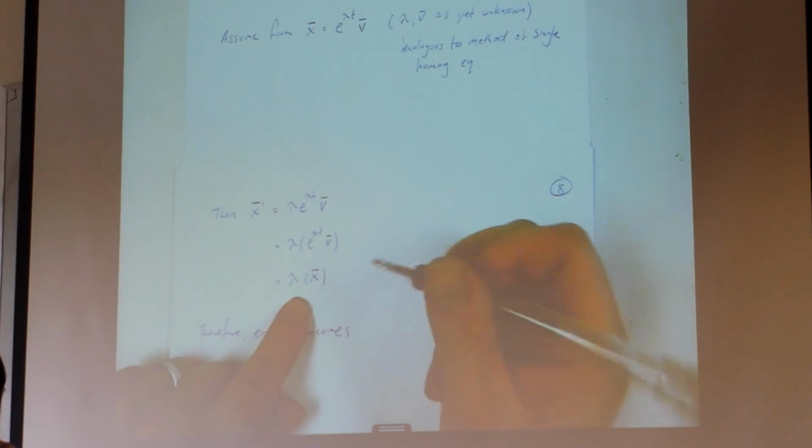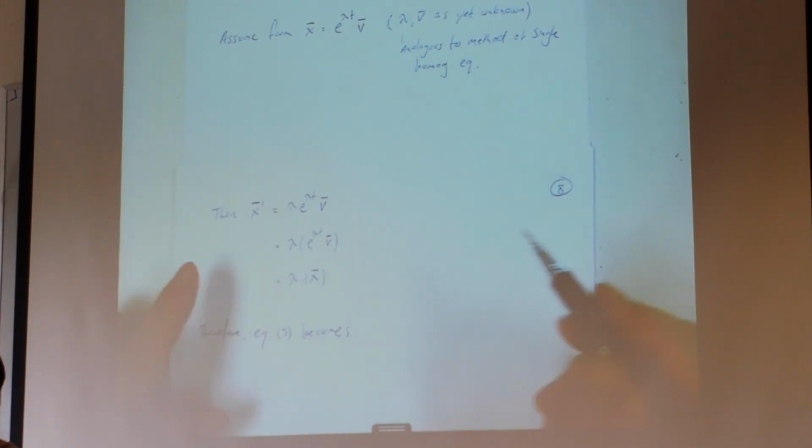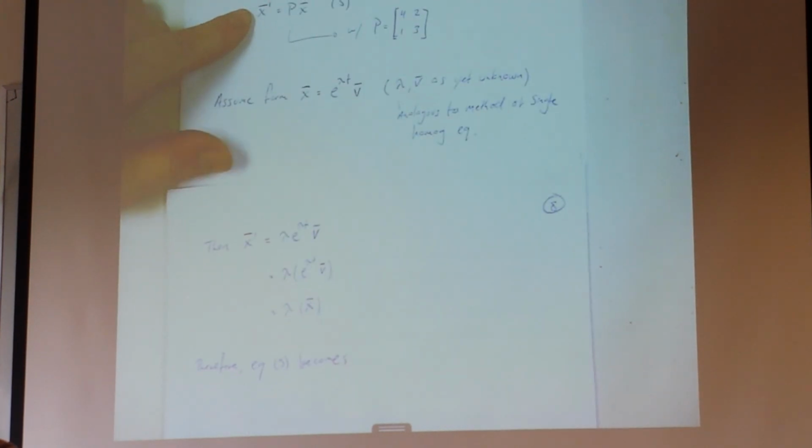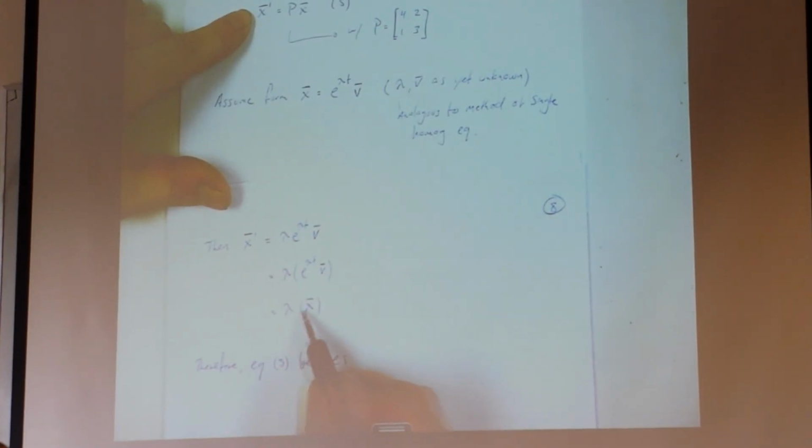So in equation 5, substitute for x prime this part right here. We get lambda x bar equals P x bar.